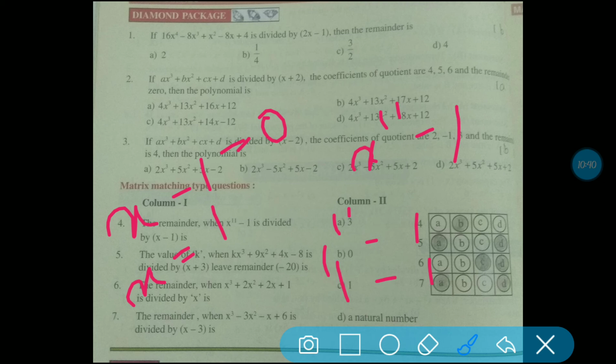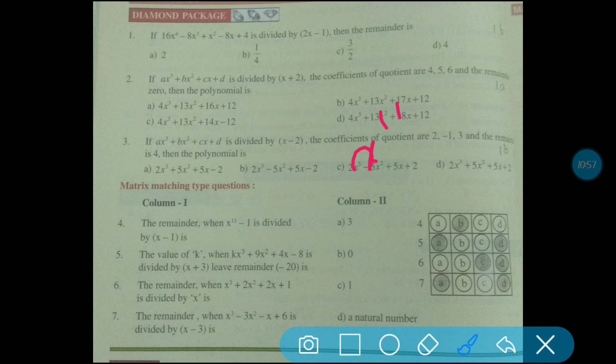So 1 power 11 is 1, and 1 minus 1 is 0. This is a shortcut solution. The first one is 0, option B.